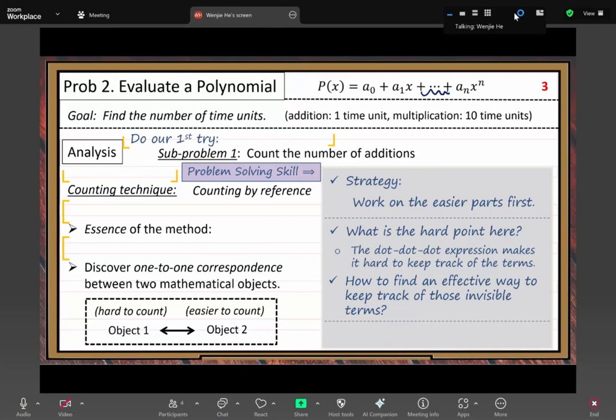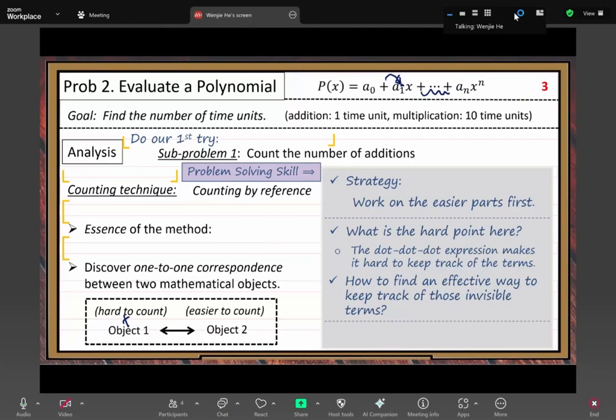Here, what is our object 1? Our goal is to count the number of plus signs, so the plus sign is object 1. We need to find an appropriate object 2. For the first plus sign, we need to establish one-to-one correspondence. I want to map it to the subscript of the A1 coefficient.